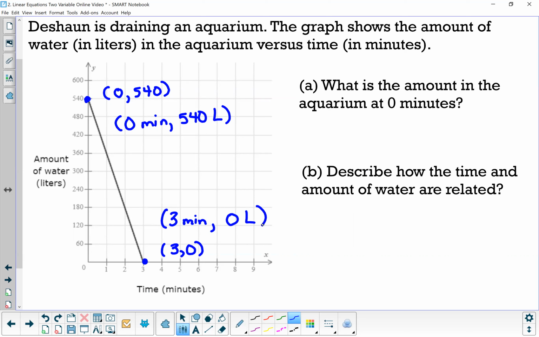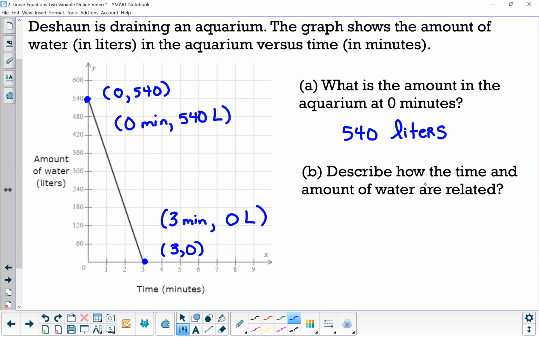So we think about, okay, what is the amount in the aquarium at 0 minutes? Sometimes people like to think of the y-intercept as the starting point. So at 0 minutes, we're starting, right? And at that particular time, we can say 540 liters.